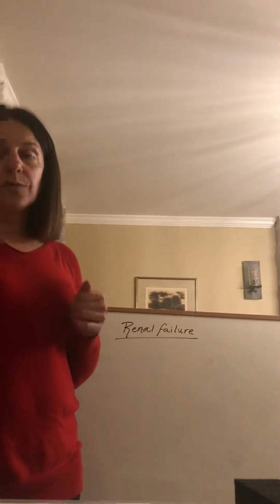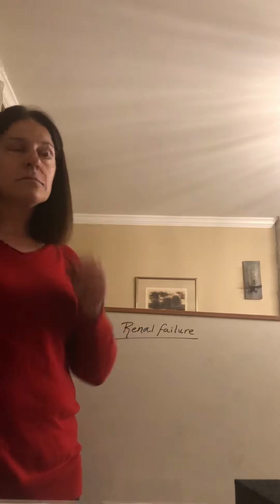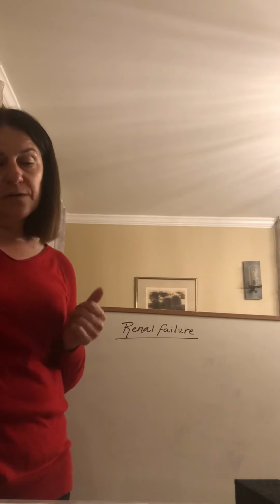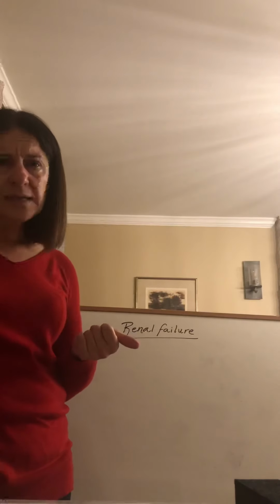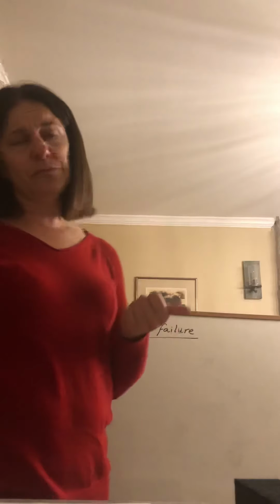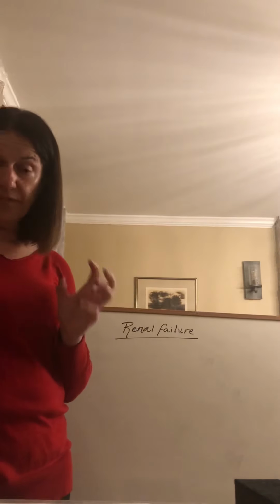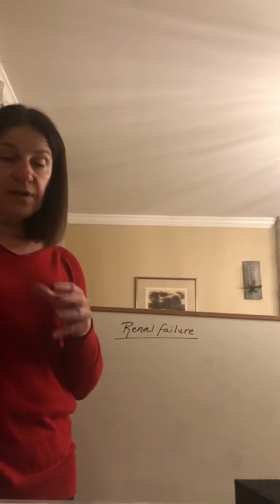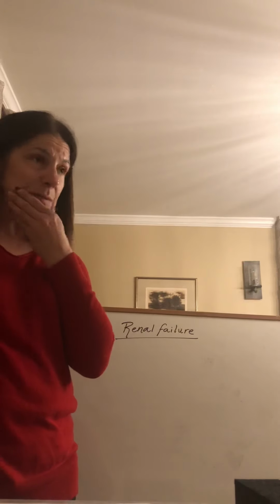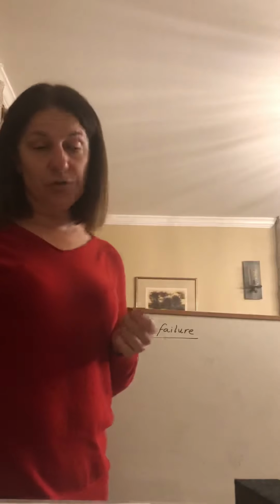Okay, one of the issues associated with renal failure is high blood pressure. Okay, as I mentioned before, if someone has uncontrolled hypertension, it can contribute to renal failure. Now, you can also have nephropathy or nephritis associated with things like diabetes and lupus that can contribute to renal failure as well. Okay, so how do we assess?